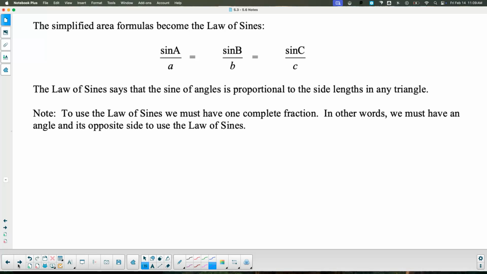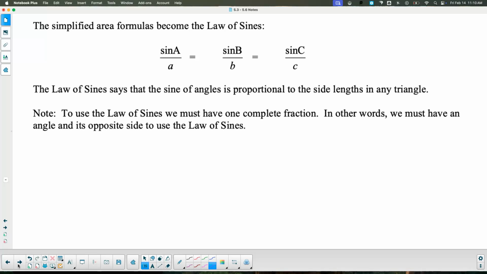And it's not that hard to memorize because it's just the sine of an angle divided by its opposite side. And that proportion is equal for all three angles and all three sides. Okay? So this one is the easy one to remember. Later on next week, when we get into the law of cosines, that one gets a little more complicated.